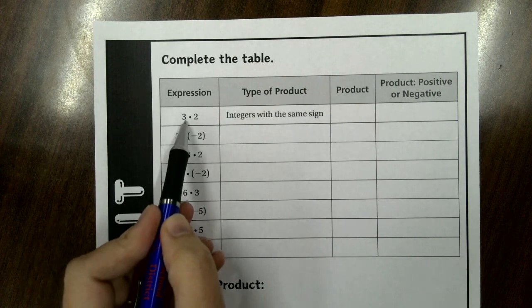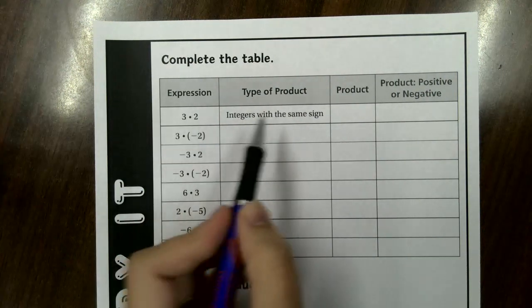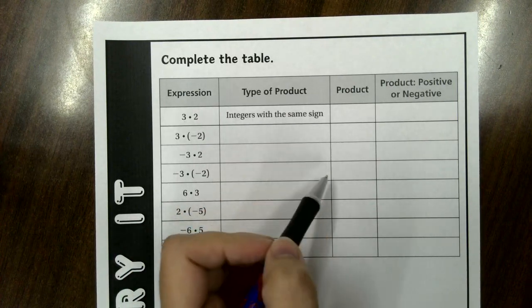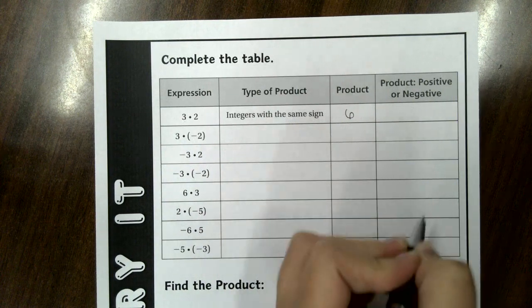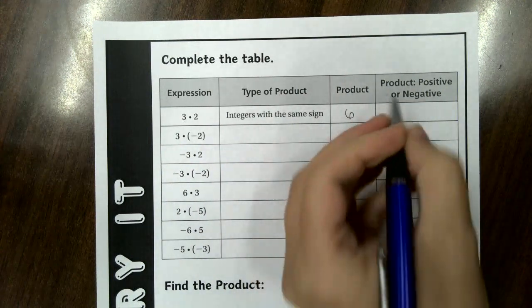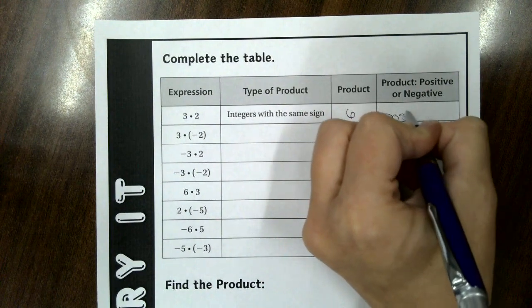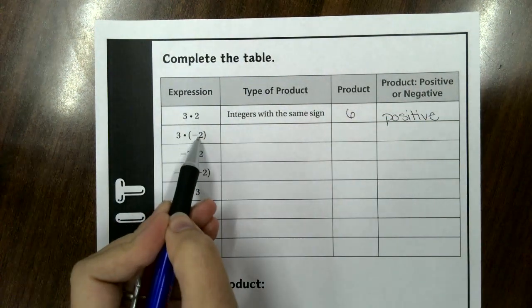So let's do a couple together. 3 times 2. Well, I know 3 times 2 is 6, and they share the same sign, which has already been written in for us. So 3 times 2 is 6. I'm going to write that here. Then is the product positive or negative? It is positive. This one, 3 times negative 2.